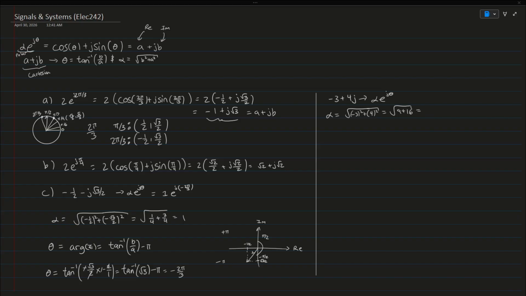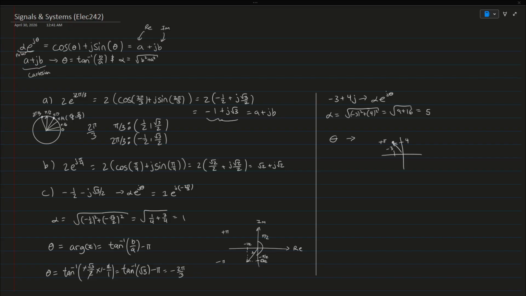This is 5. Okay, and now again for theta, we're going to draw first. And we are at negative 3 and 4. We're in the second quadrant, so we know that we have to add pi.